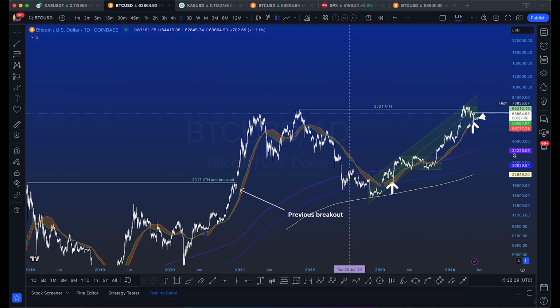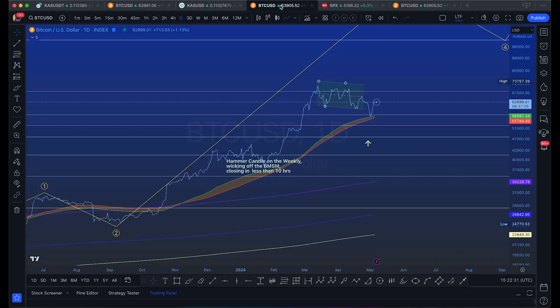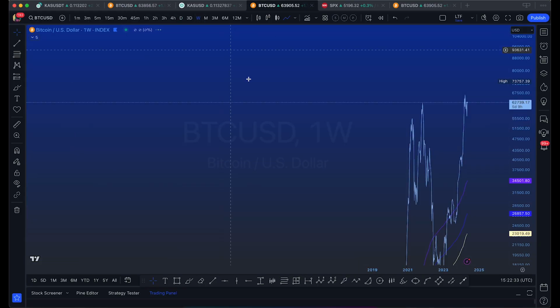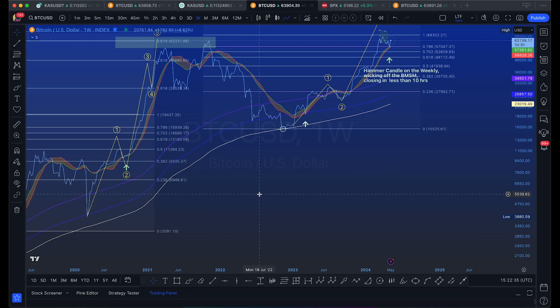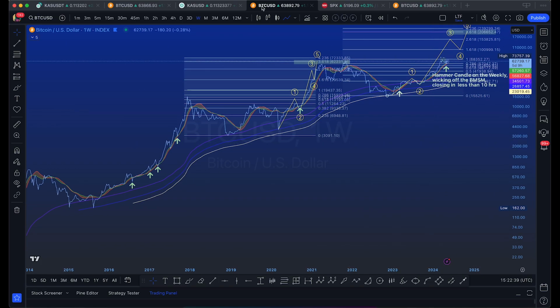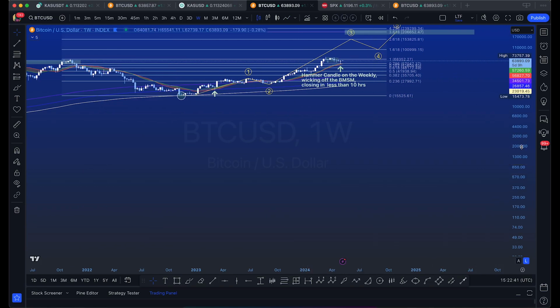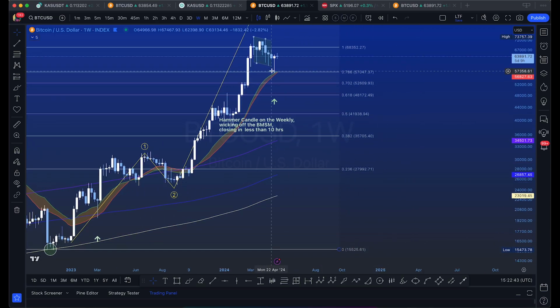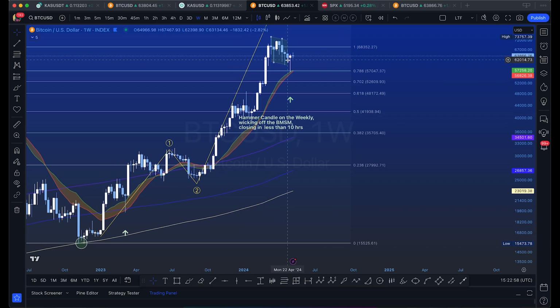So we don't want to see that. But one thing to notice is that if you zoom out on the weekly time frame, what we have here is a very beautiful bullish hammer that pretty much pinpointed the 20 and 21 week SMA and wicked up, and price is just right back up in this channel.